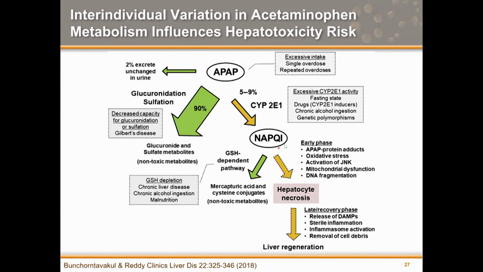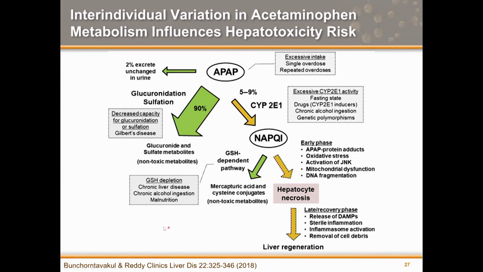And when you have these situations and you have a large amount of NAPQI being formed, you can also deplete your glutathione stores. Even though we have these millimolar concentrations in the cell, they can be depleted under these overdose conditions. You can also have depletion of GSH due to chronic liver disease, as well as chronic alcohol ingestion and under conditions of malnourishment.